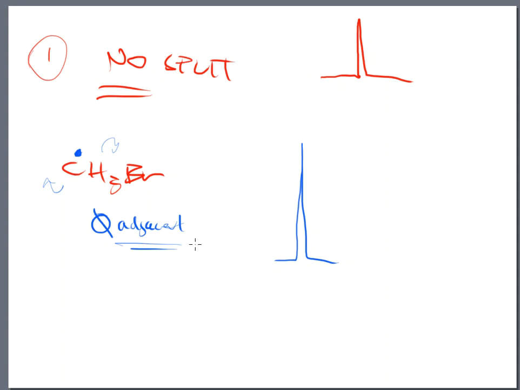That is the key word here. There's no adjacent protons at all. And because of that, we get a 0, because there's no adjacent proton, plus 1. And that means it is one signal in total. That's all that you will see, and that is it. And that's exactly what we would see on an NMR. There are no splits that happen in this particular case.